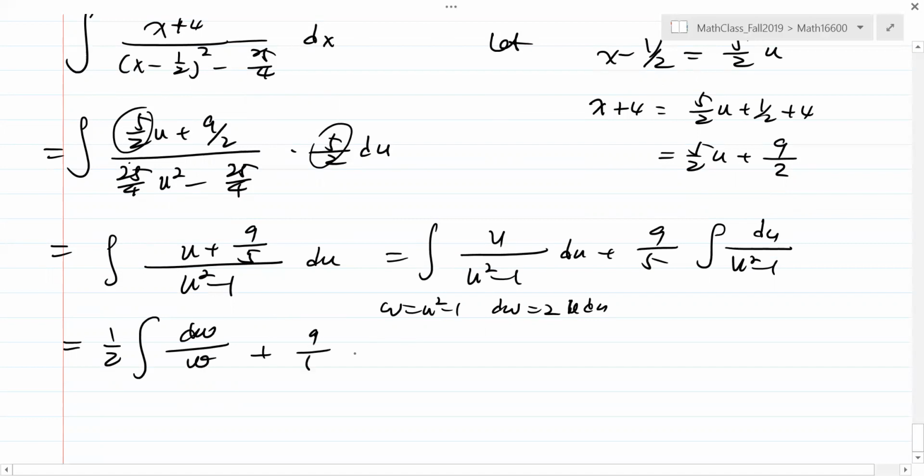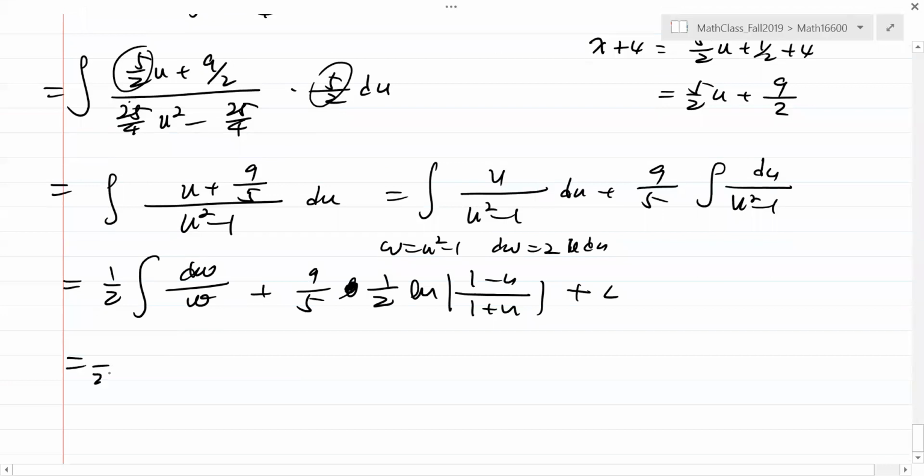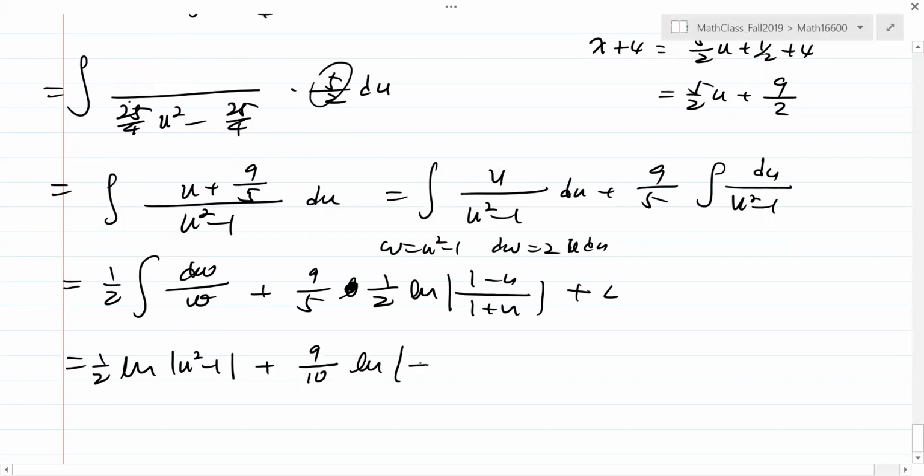And here, 9 over 4 is going to be half of natural log of (1 minus u) over (1 plus u), plus constant. Yes, there's a plus constant. So natural log of w is going to be u squared minus 1, and then here's 9 over 10 natural log of (1 minus u) over (1 plus u).